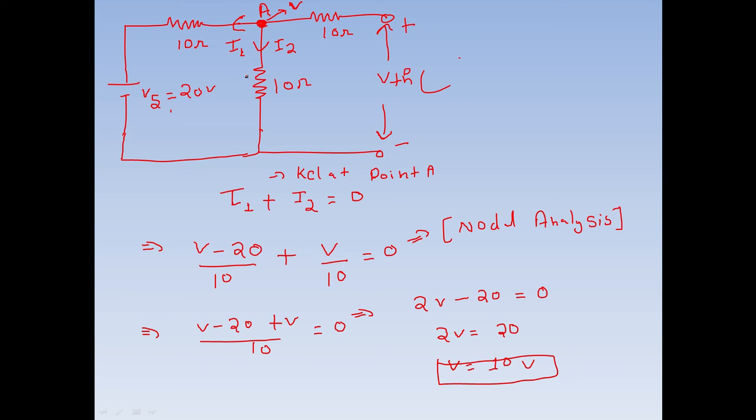So here the voltage across this particular point is 10 volt. So VTH is equal to V, which is equal to 10 volt.